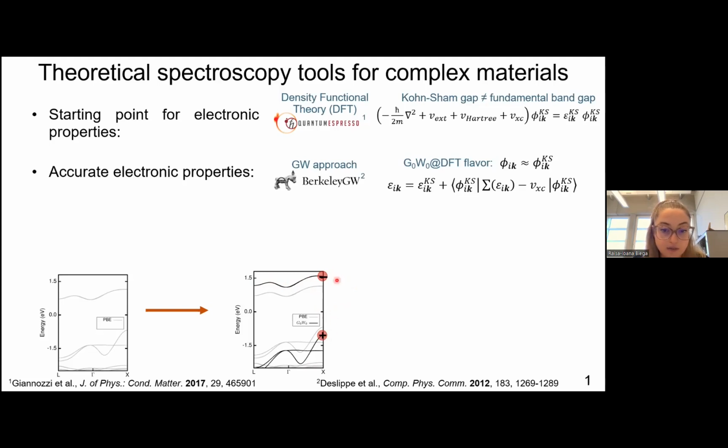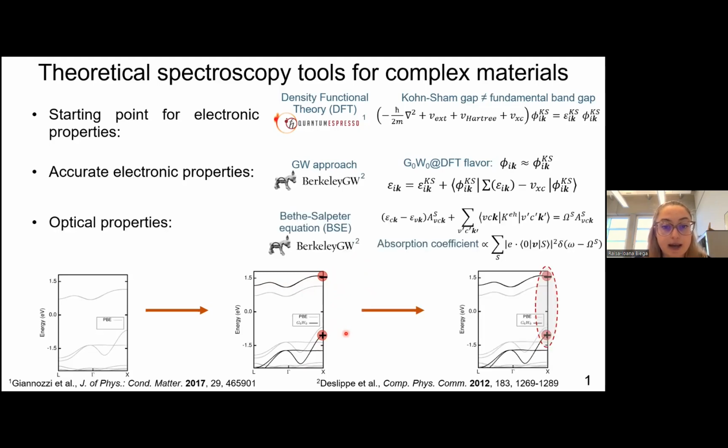Then you get your electron and hole, but no interaction between them. So in order to get optical properties, you need to include the interactions between electrons and holes. And to do that, I am using the Bethe-Salpeter equation formalism.